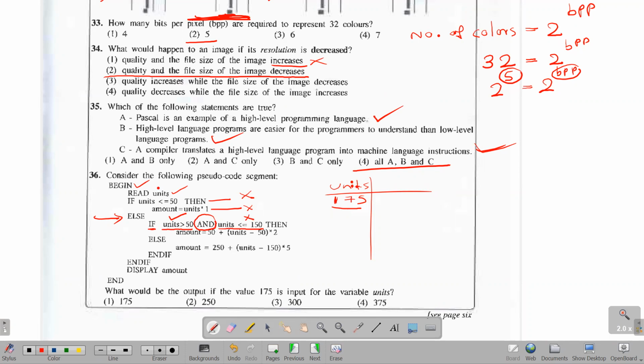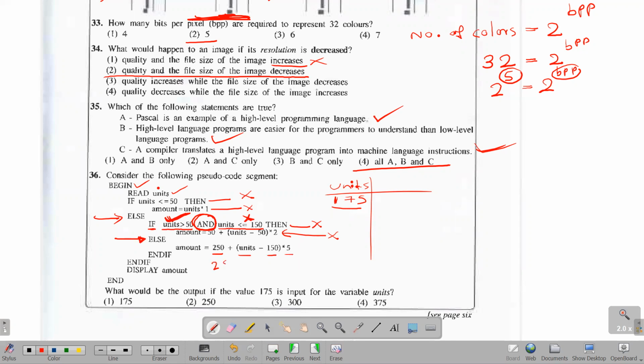So this is wrong. When you are dealing with AND, if one operand takes true and the other operand takes false, the entire result will be false. That means this is going to be false. So it's not going to come to this particular statement. It accesses this else. And it does this calculation, 250 plus (units minus 150) into 5.